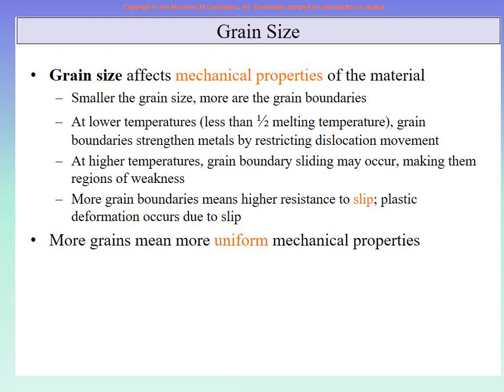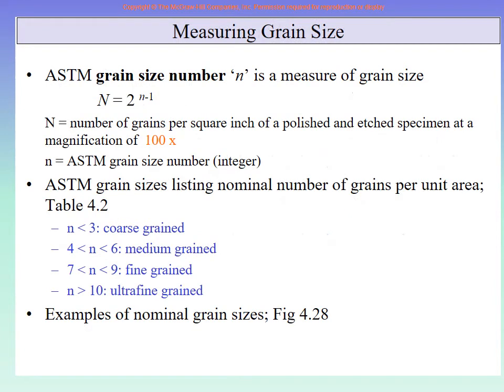Otherwise, if the grains are slightly larger and the properties are not uniform, at one place the yield strength is different, at another place the yield strength is different, then we don't know what is the real yield strength of the material. So fine grain size is good in two ways now. First, fine grain size means higher strength of the material. Second, fine grain size means that the material properties are uniform. Okay, so we will study about the grain size now.